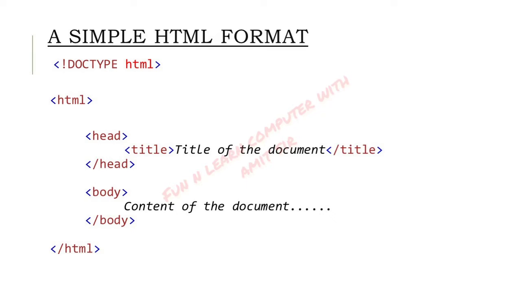These are called tags. And there are two main parts. One is the title of the document. Here we write the title of the page or the website. And body, within the body tags, we write the content of the document. Whatever will be displayed on the website page, that will be written inside the body.